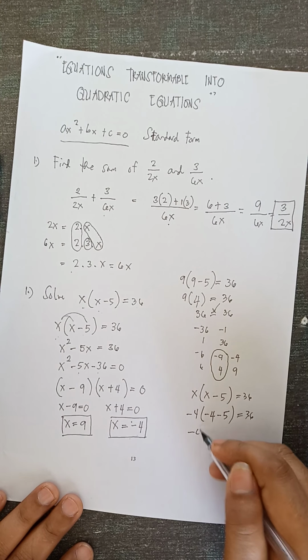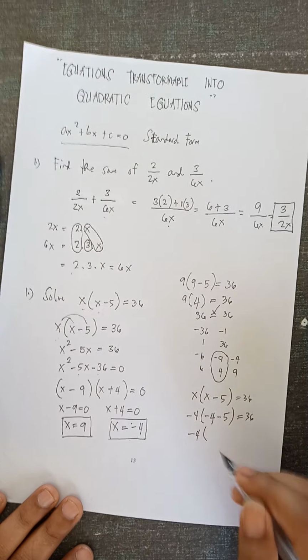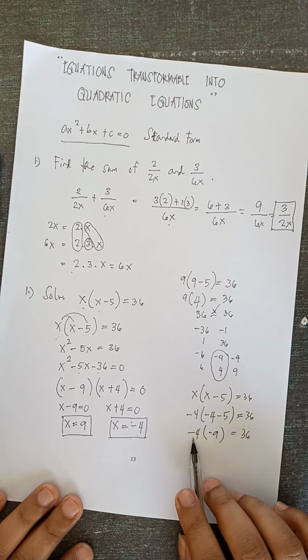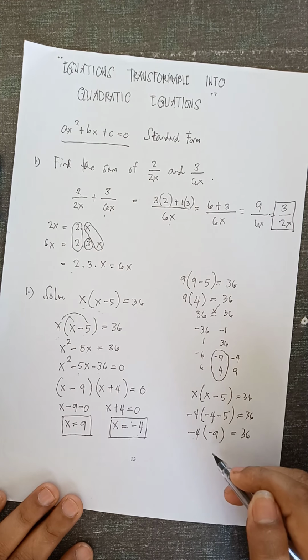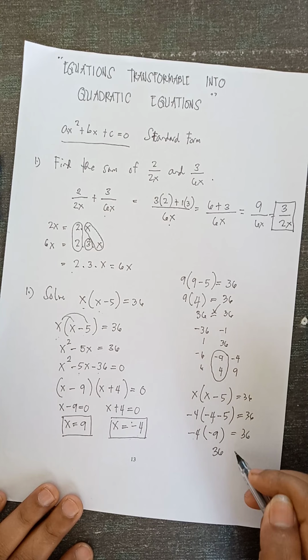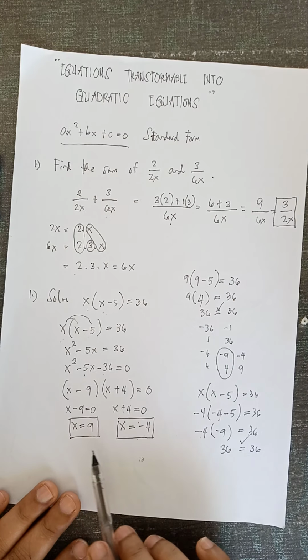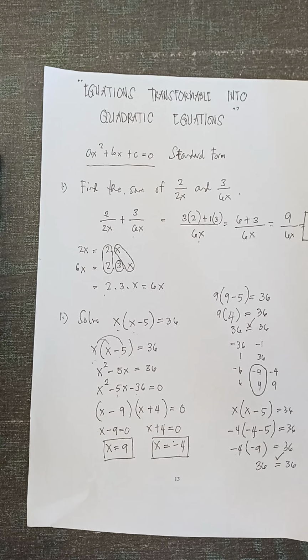So we have negative 4 times negative 9 equals 36. Negative times negative is positive. 4 times 9 equals 36. So therefore it is true that the values of x are 9 and negative 4.